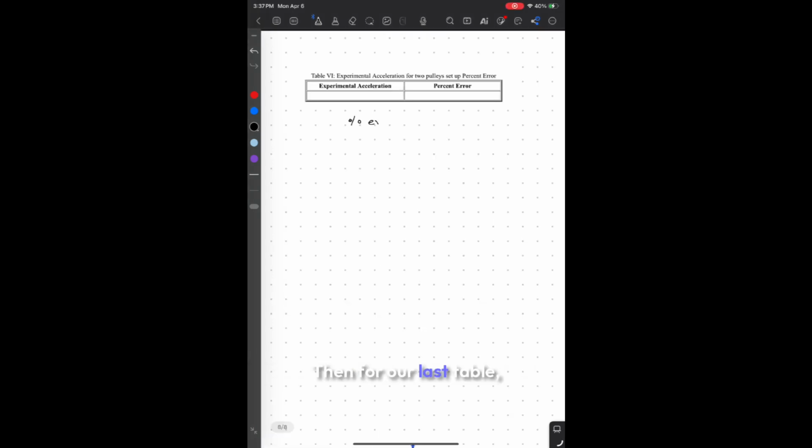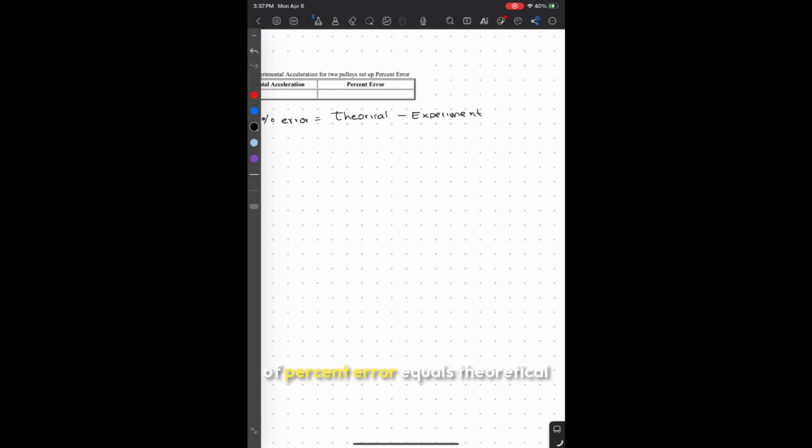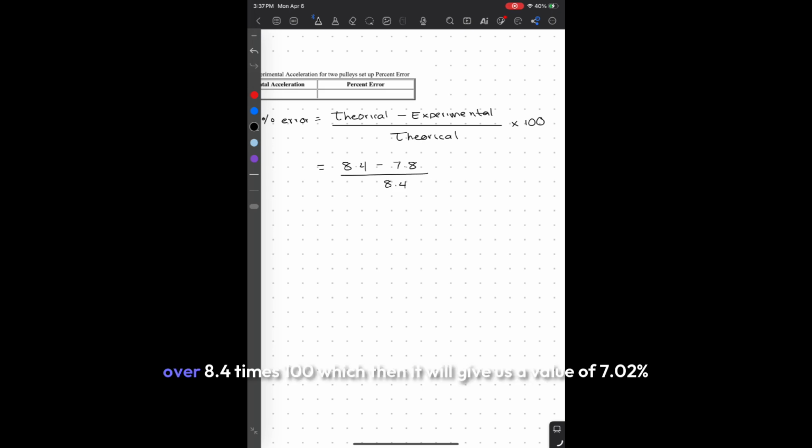Then for our last table, we have to calculate our percent error again, but by using our new experimental value, which we plug into the formula of percent error equals theoretical acceleration minus experimental acceleration over our theoretical acceleration times 100, which will look like 8.4 minus 7.8 over 8.4 times 100.